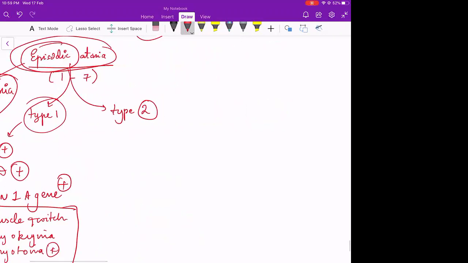In type 2, the patient will have symptoms for 30 minutes to 6 hours. The patient will have all the symptoms of cerebellar disorders like instability in gait, dizziness, fatigue, and the patient will have nystagmus also.